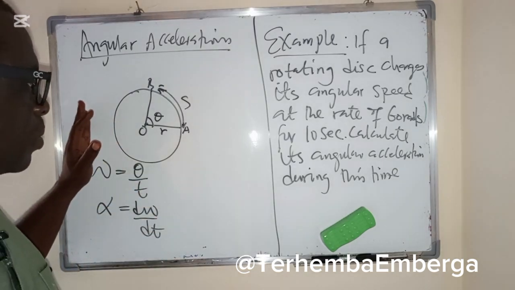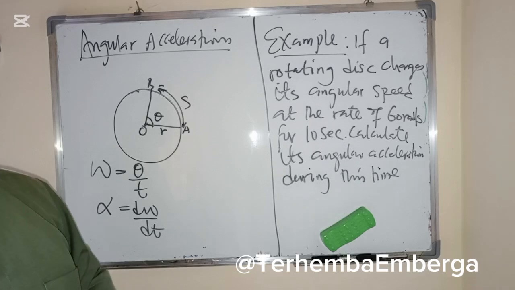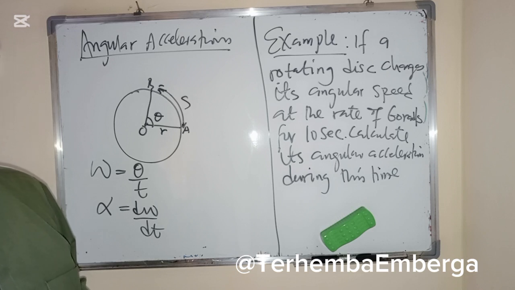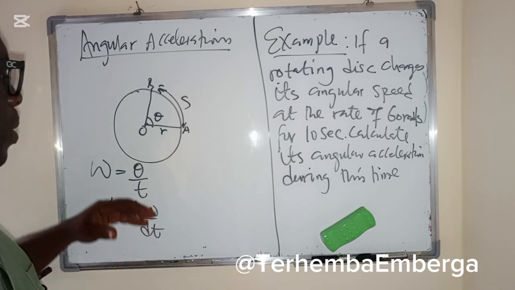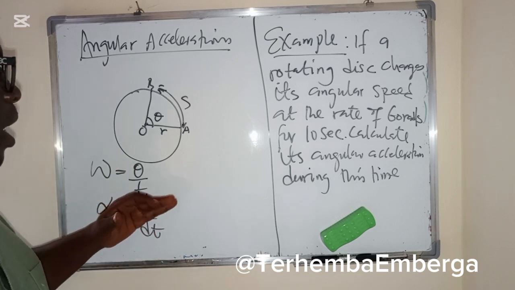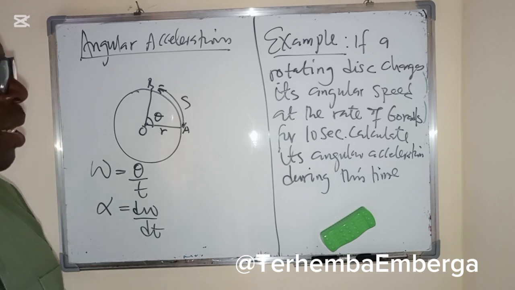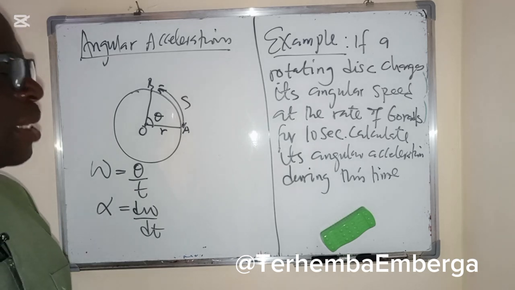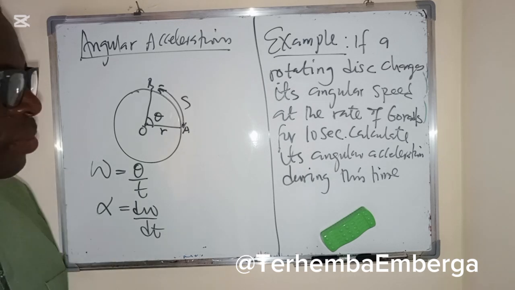It is also a similar thing here. If a body performing circular motion does not have a change in angular velocity, the angular acceleration becomes zero.